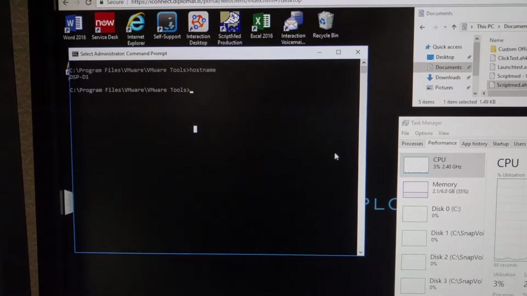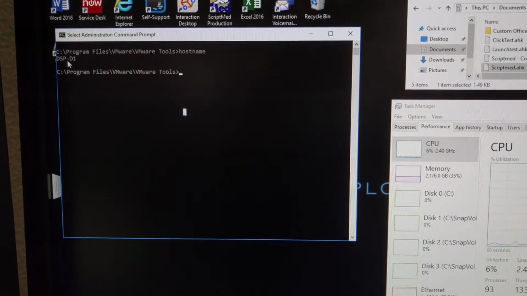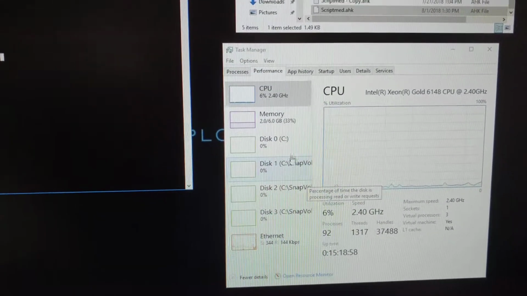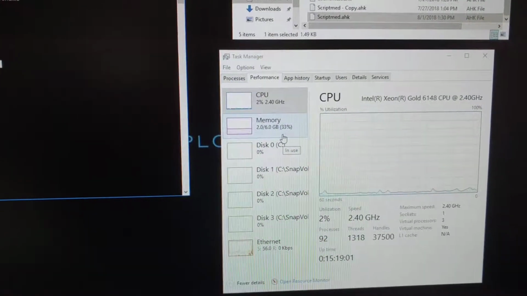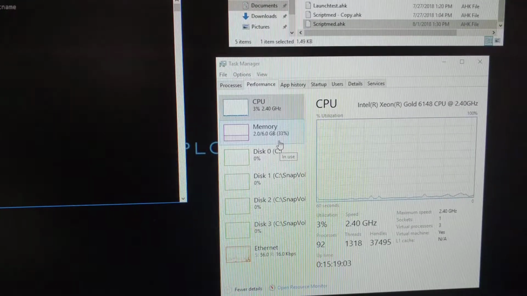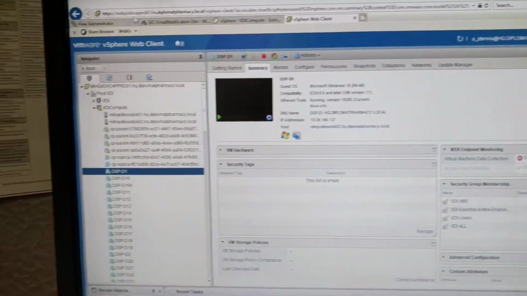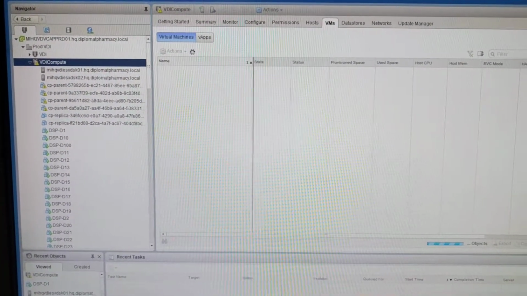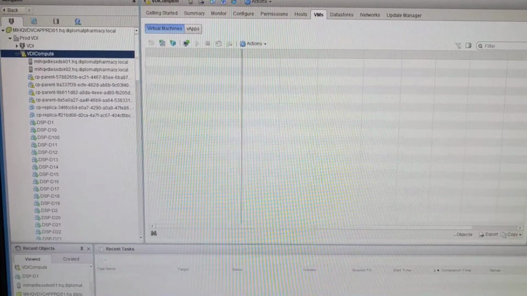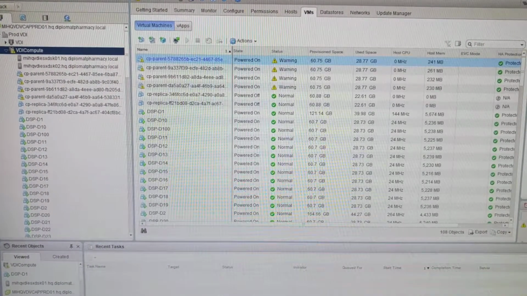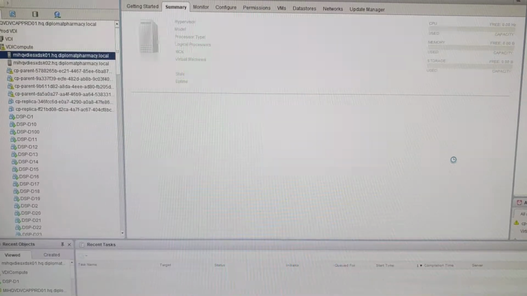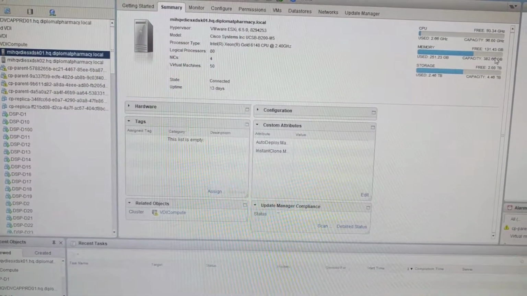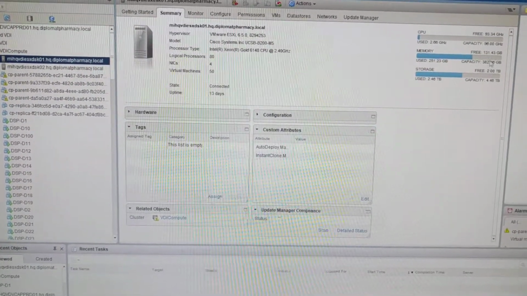Here's that desktop. It is DSP-D1, and it is currently using 2 gig of RAM total. If you look at the cluster as a whole, each of those machines using 5 to 6 gig of RAM is consuming 131 gig on the first server.